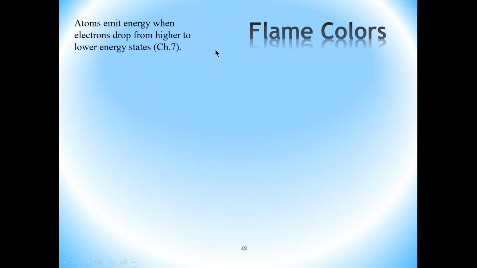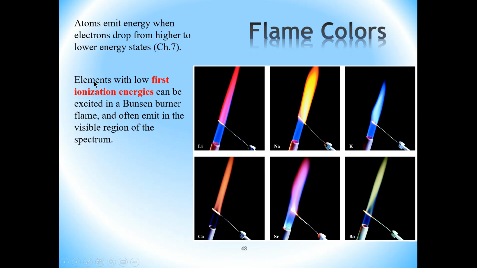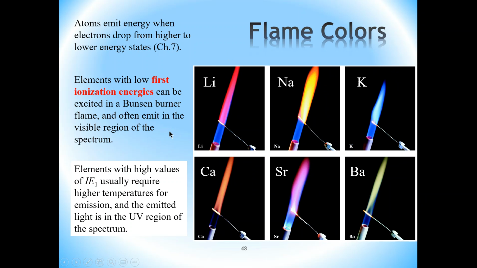This is true for metal ions for the most part, because, as I said before, they have low first ionization energy. So if you can excite these electrons in these metal atoms and ions, the color that is given will be specific to that particular element.